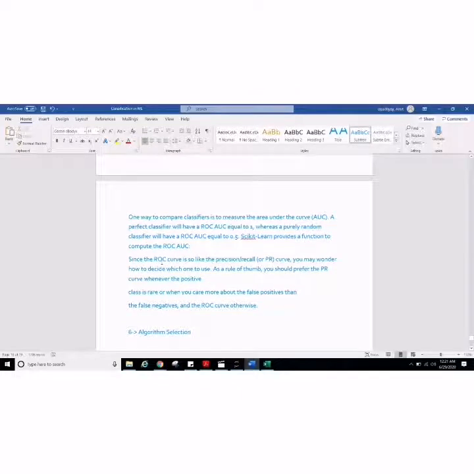Since the ROC curve is so similar to the precision and recall curve, you may wonder how to decide which one to use. As a rule of thumb, you should prefer the precision and recall curve whenever the positive class is rare, or when you care more about false positives than false negatives, and the ROC curve otherwise.